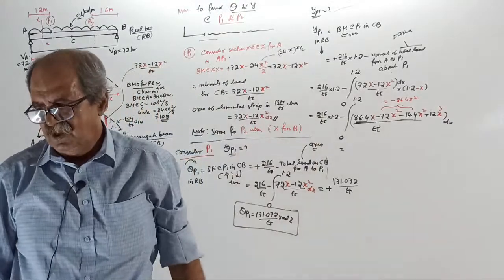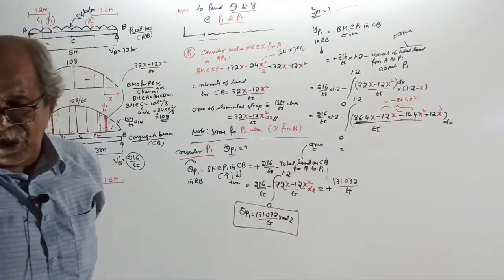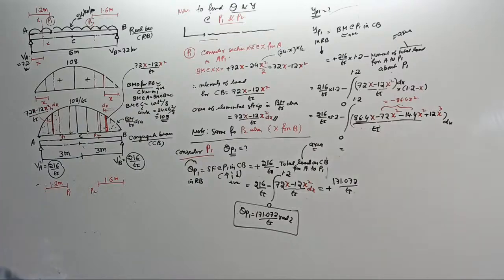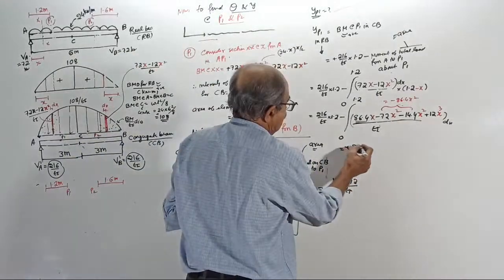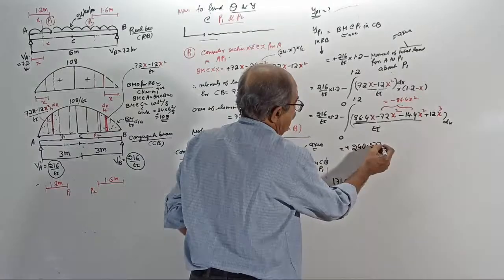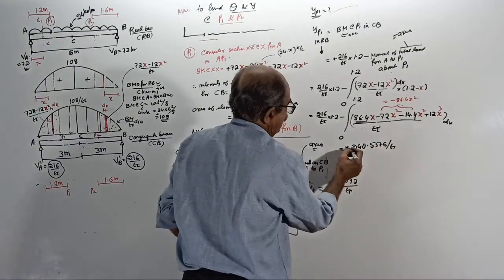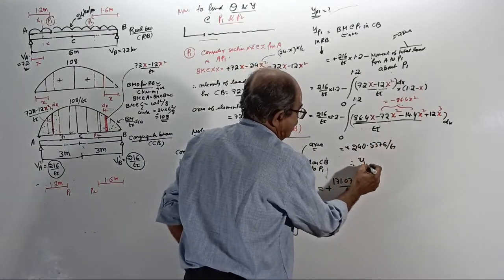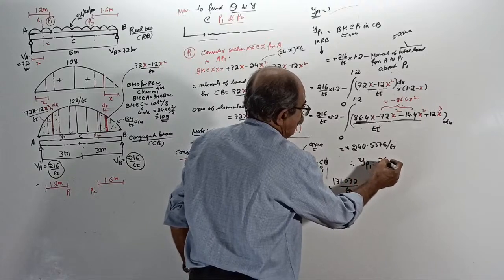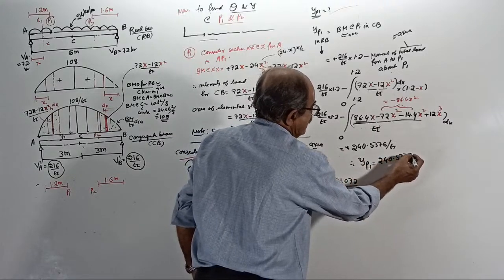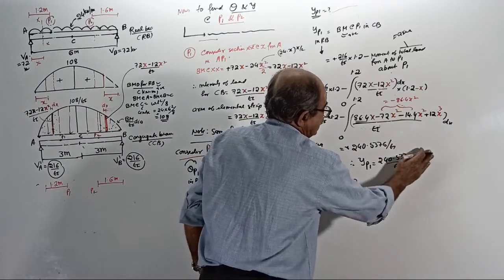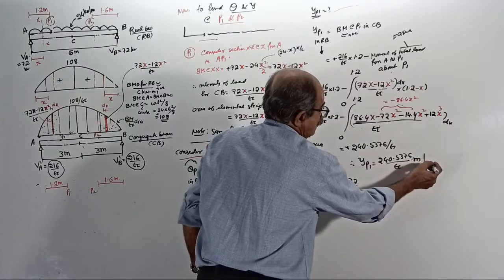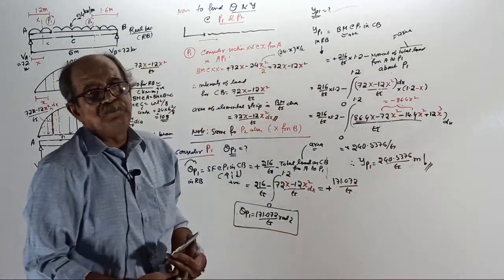Answer: 240.5376 by EI. Positive. Therefore, deflection at P1 equal to 240.5376 by EI radian, deflection, that much meter down. This will complete the point P1.